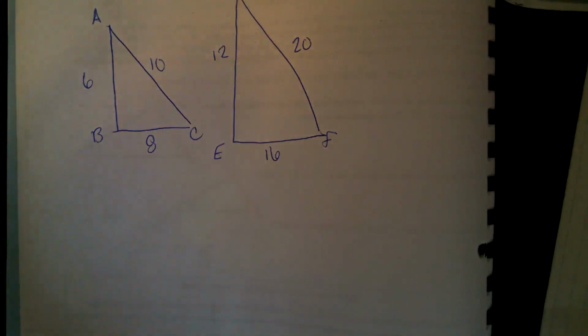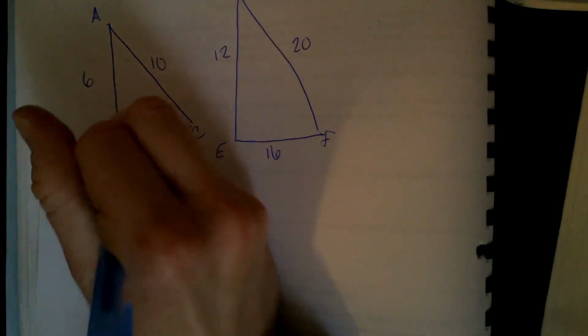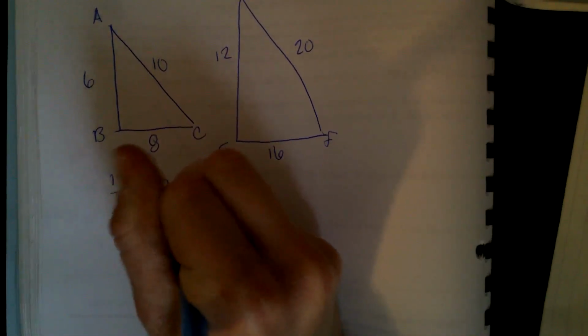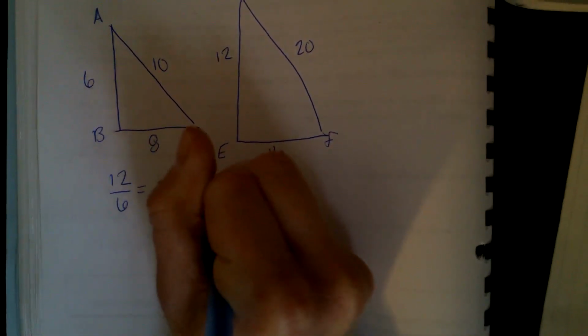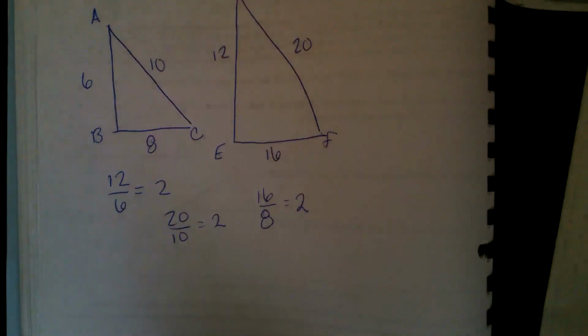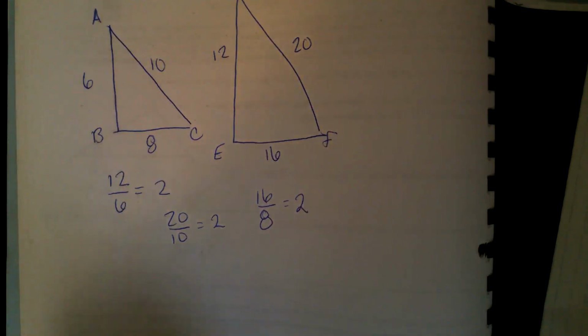Now, because all of the ratios are equal, let's show that. So 12 over 6 is equal to 2. 20 over 10 is equal to 2. 16 over 8 is equal to 2. So as you can see, the corresponding sides are proportional, or their ratios are equal.